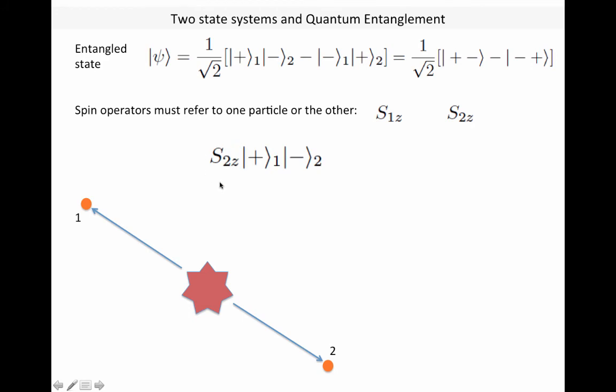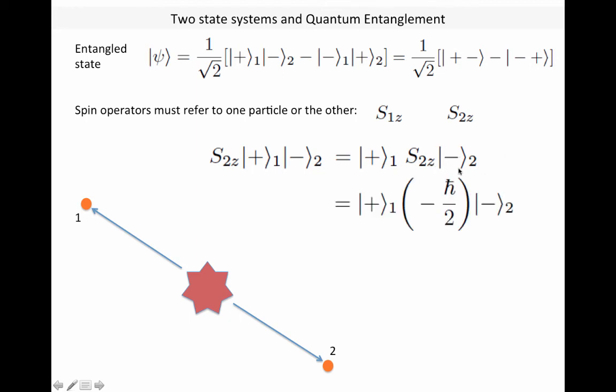So for example, if S2z operates on a piece of wave function that looks like this, so you have a plus ket for electron 1 and a minus ket for electron 2, then S2z doesn't care about electron 1's ket and it just passes straight through it and only acts on electron 2's ket.